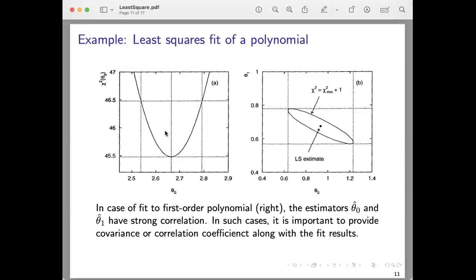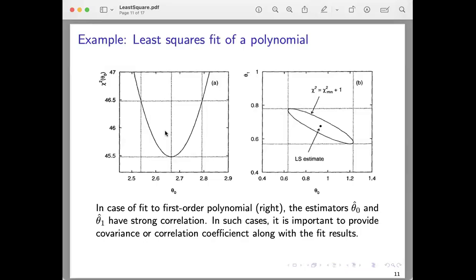What this error means is that if you have a large number of such experiments, each time you get the same 5 points, and every time you fit the same function, assuming that this function is correct, the parameter values you get from the n such experiments will have some distribution, and the width of that distribution will give you this error.